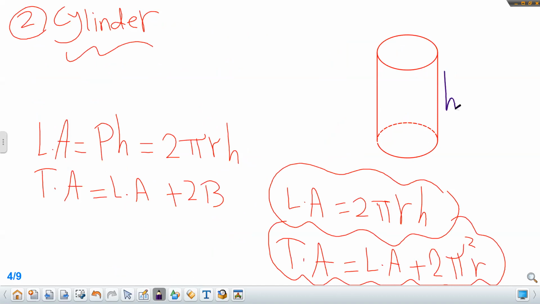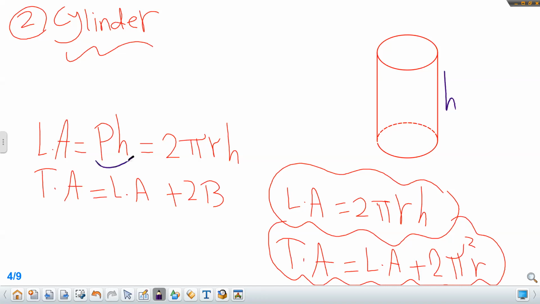Okay, what about the rules of lateral and total area? Like the prism, but you have a difference between them in the base. Yes, the base of the cylinder must be a circle, but the base of the prism may be a square, a quadrilateral in general, a triangle, a pentagon, a hexagon, and so on. So we can say lateral area equals perimeter of its base times height.